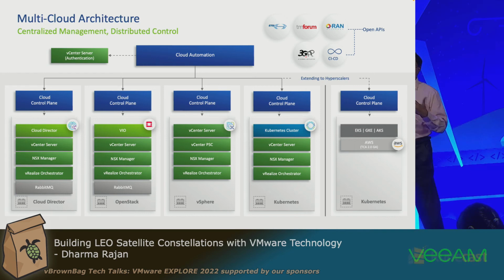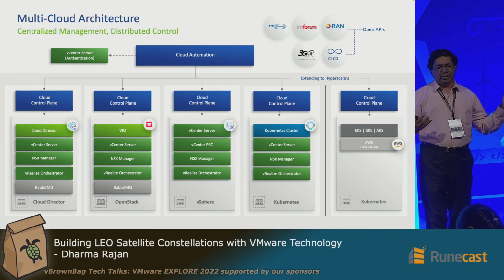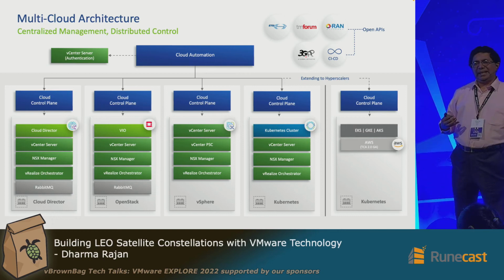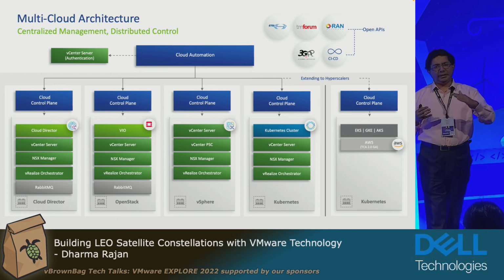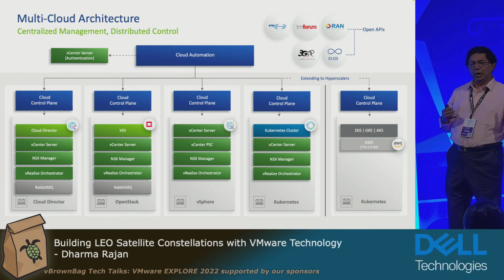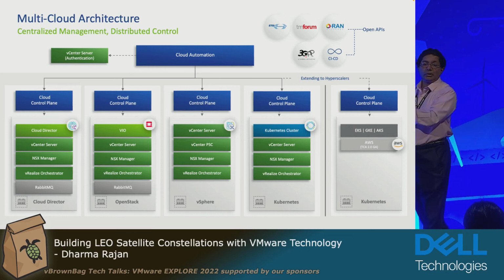So you have that flexibility for the deployment in any type of cloud, any type of control plane that you need. Okay? That is the flexibility that you are getting today for the terrestrial network. You can also start to use that for the non-terrestrial segment.